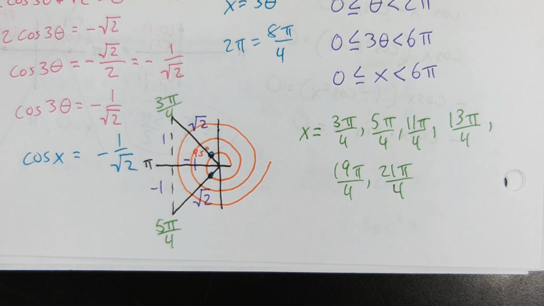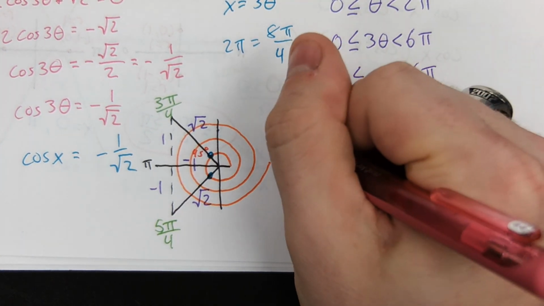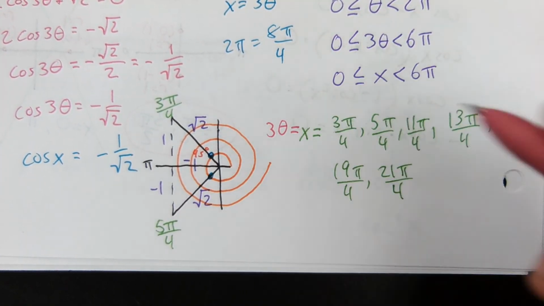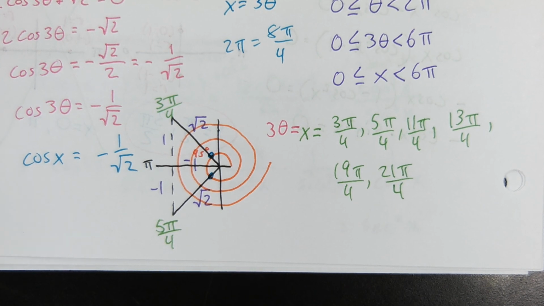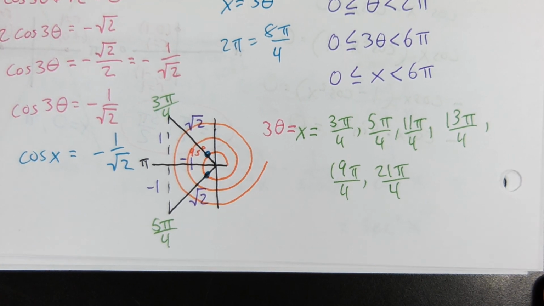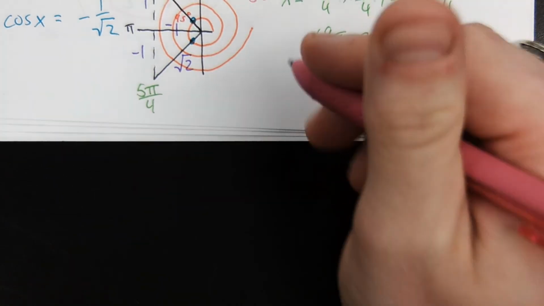Your job was to solve for theta. Remember, please, that x was 3 theta. So how do we solve for theta? We divide by 3. You multiply all the denominators by 3, and you have solved for theta.